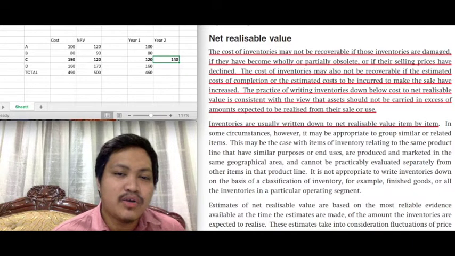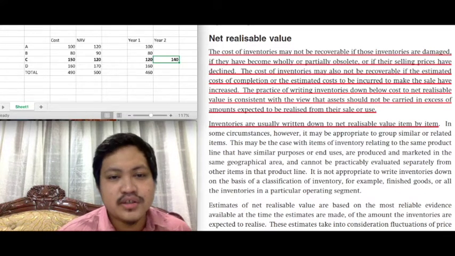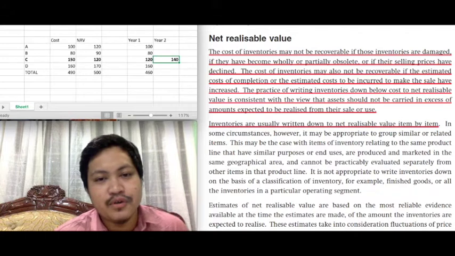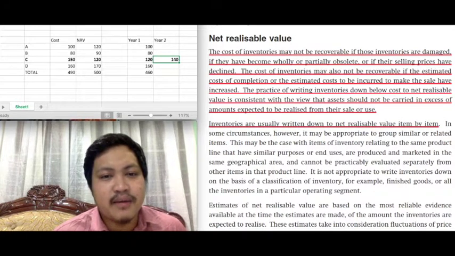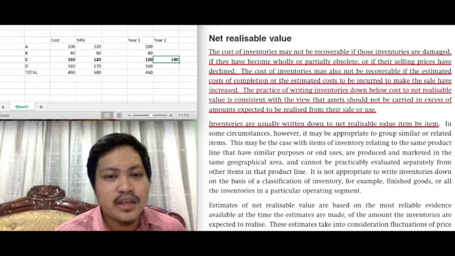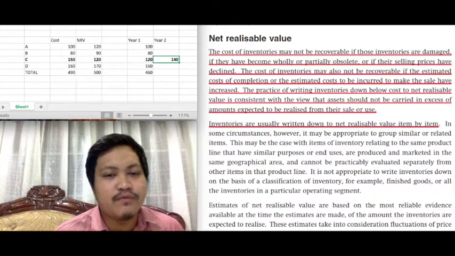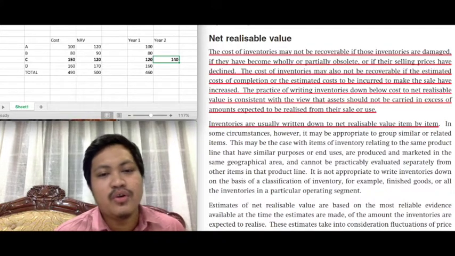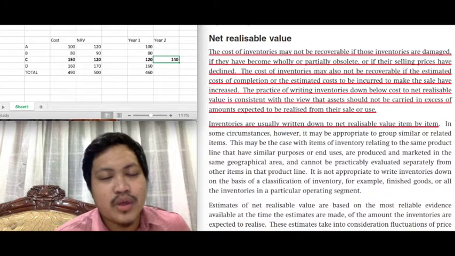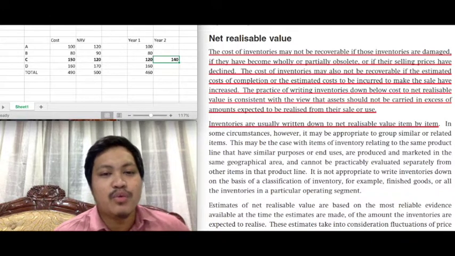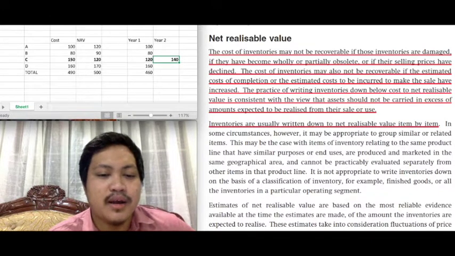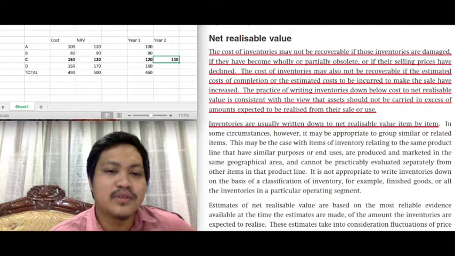But at what amount should it be recorded, class? It is at 140 because between 150 and 140, 140 is the lower amount. But again, the amount in our records is still at 120, but it should be reported at 140. So what should we do now? We have to increase it from 120 to 140. We have to increase our inventories by 20,000.